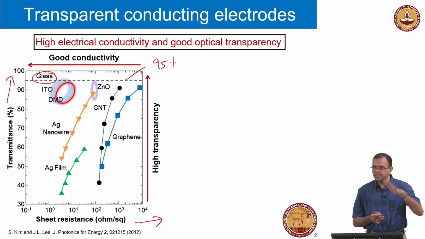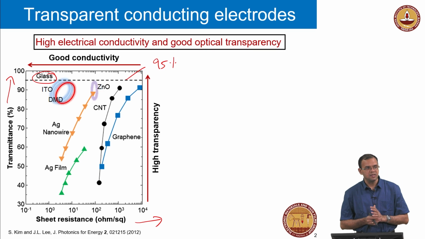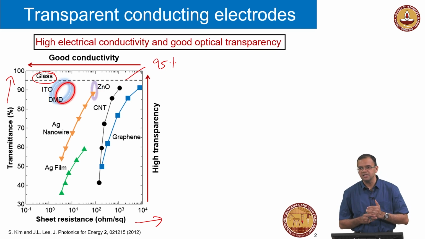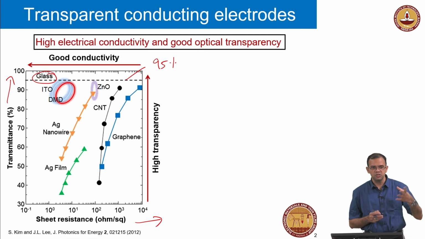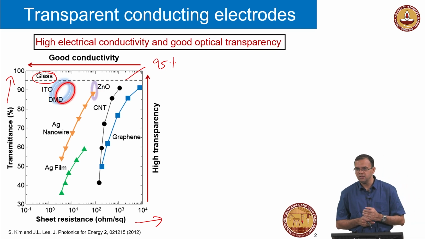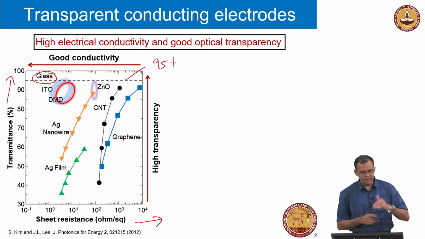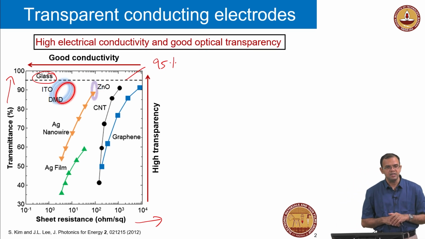So anything that I deposit on glass will obviously have a transparency less than that, right? We can never exceed 95% because that is the limit set by the glass. So we ideally want to be as close to 95% as possible, but at the same time we realize that there will always be scattering at interfaces, so the values that we get are slightly lower.